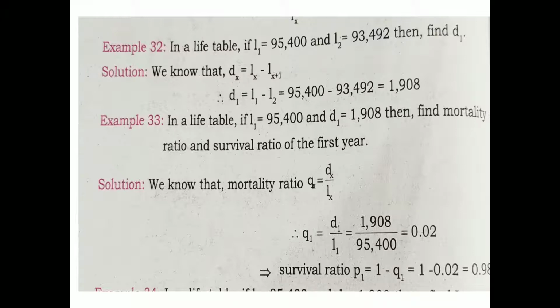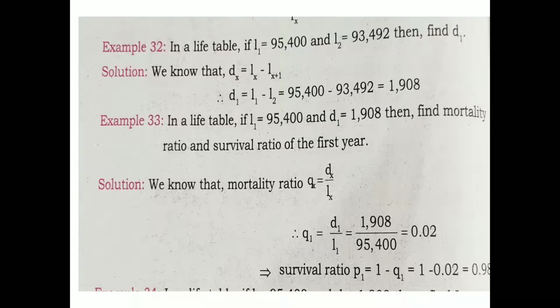Example 33. In the life table, if l1 is equal to 95,400 and d1 is equal to 1,908, then find the mortality ratio and survival ratio of the first year. So you know the mortality ratio is qx, equal to dx divided by lx.